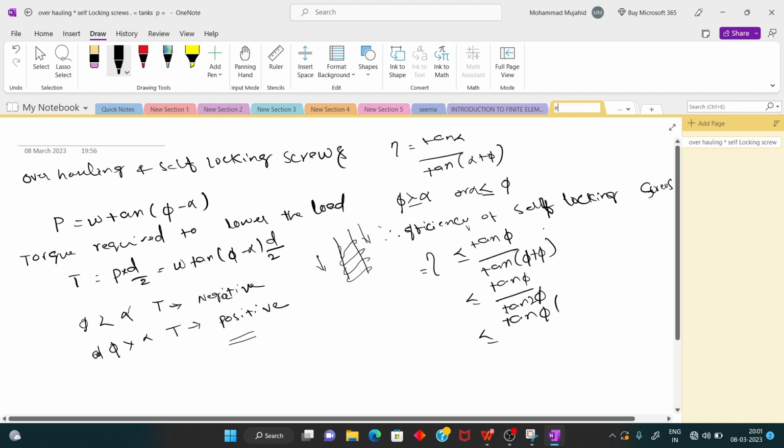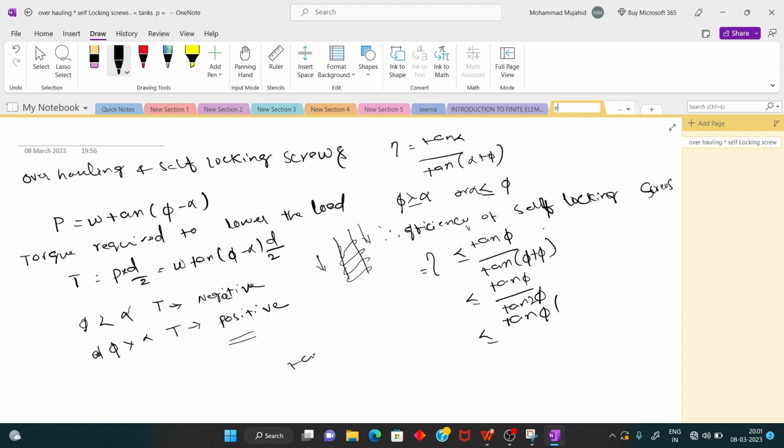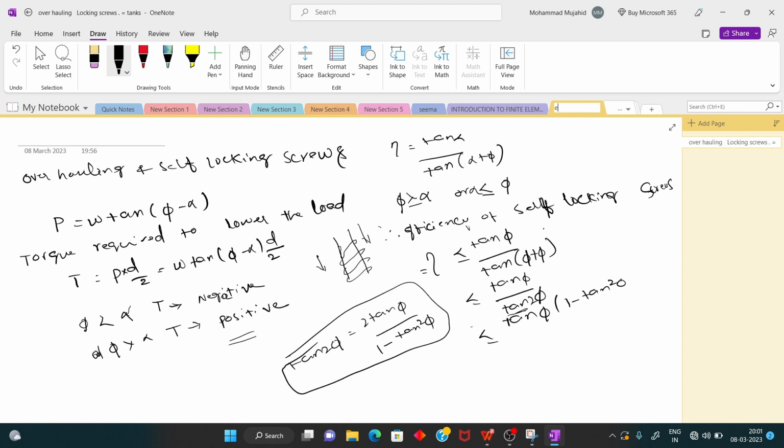We know that tan 2 phi equals 2 tan phi by 1 minus tan square phi. So we are going to substitute this in place of tan 2 phi. Tan phi into (1 minus tan square phi) by 2 tan phi.